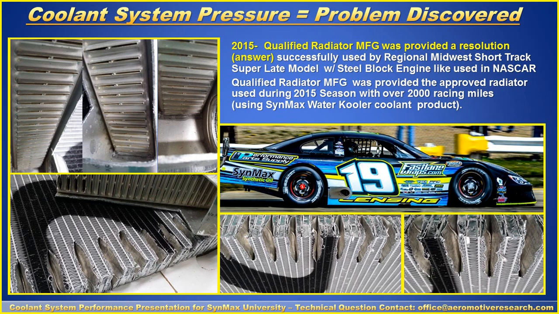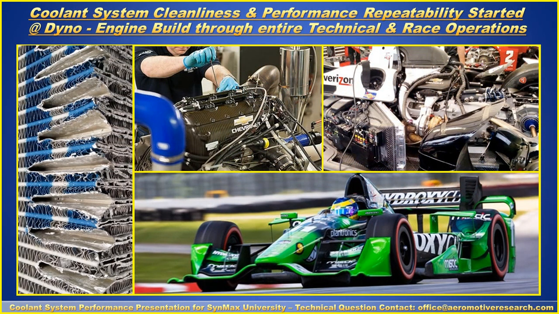Further, in the short track application, which we've shown before, here's a radiator after 2,000 racing miles with a stock block short track Chevrolet motor, aluminum radiator. It was clean after 2,000 miles. A directive was put out by the IndyCar manufacturer that at the time of the dyno, the race operations, and all technical directive, the Water Kooler was to be used.